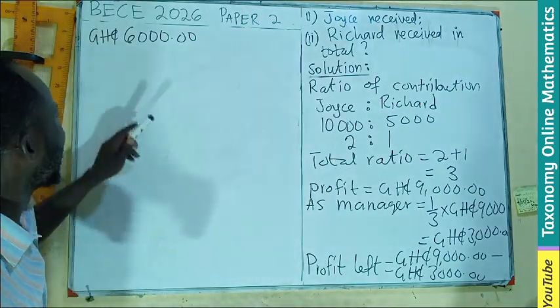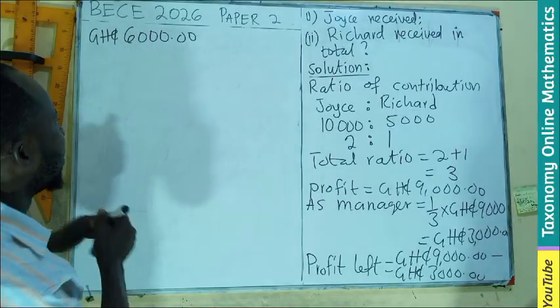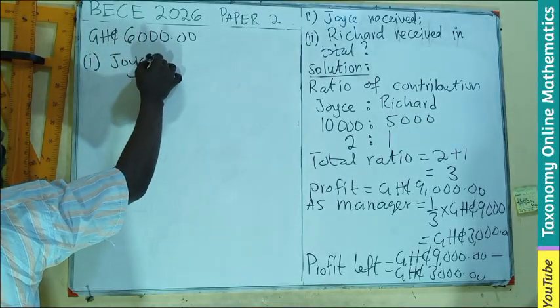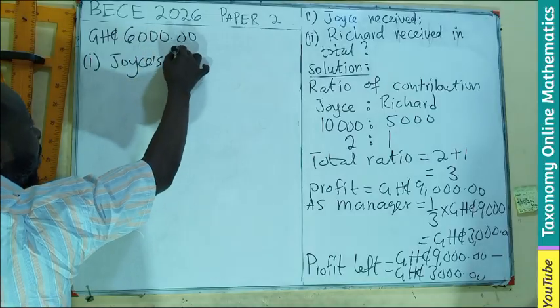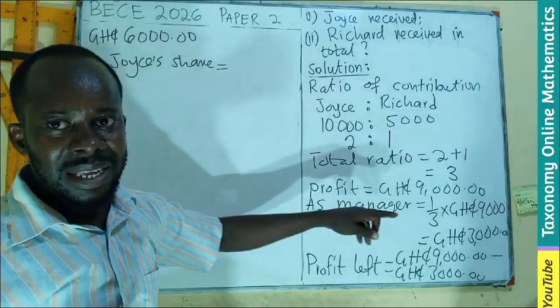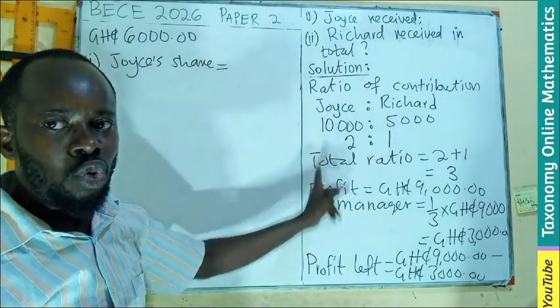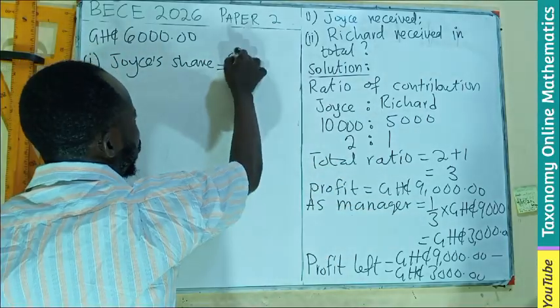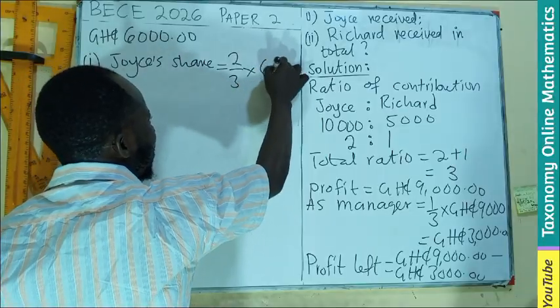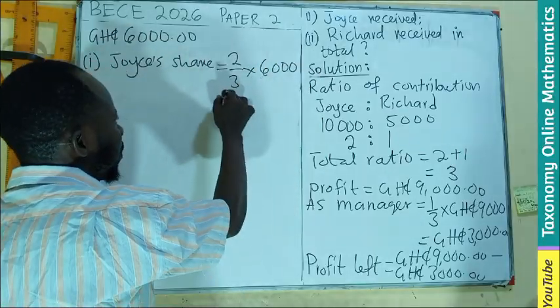So what do we do? Roman number 1, let's say Joyce's share is going to be, after we divide this by 3, she'll be taking 2 parts. It means taking 2 out of the 3. So that will be 2 out of 3 times, let me just write the 6,000. I'll bring the Ghana cedis later.